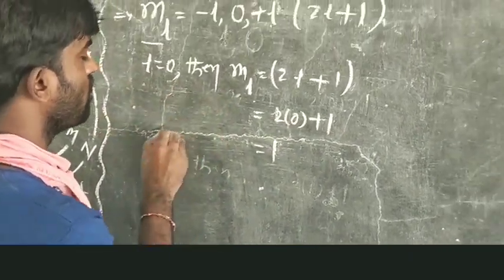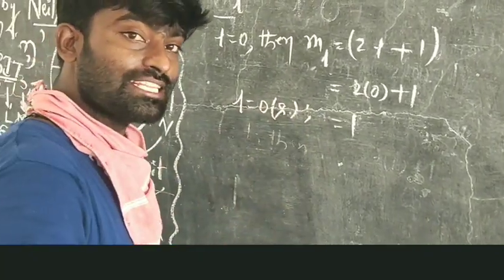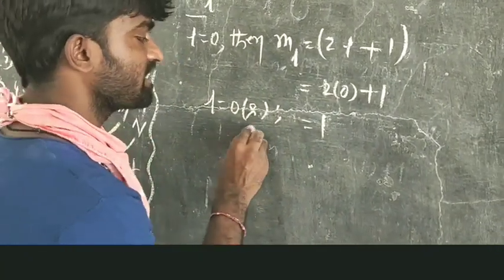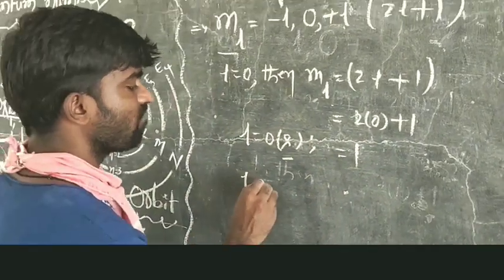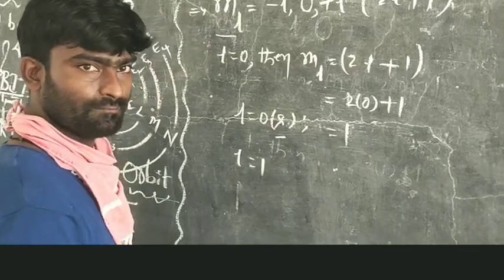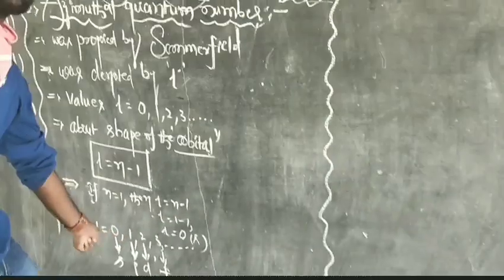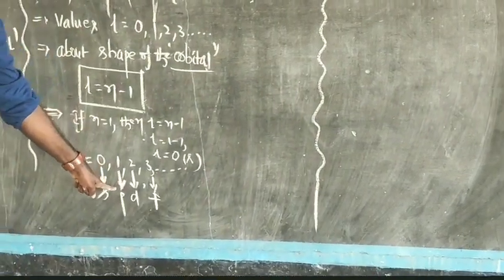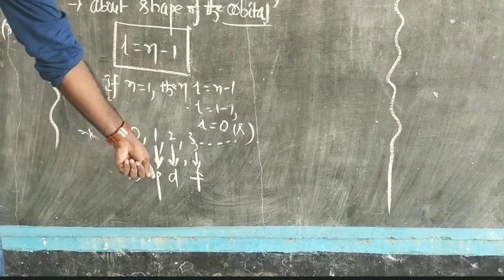If L equals 0, what does it mean? S orbital. Then how many subshells are present in an S orbital? 1 subshell. Similarly, if L equals 1, the orbital is a p orbital. So how many ml values will be possessed by the p orbital?